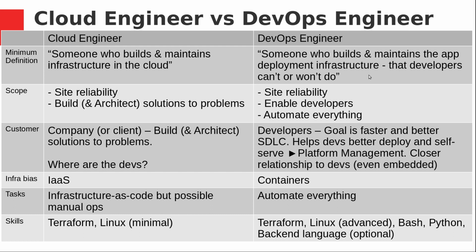So in a really small company, in a startup, it may be that they only have developers and no DevOps engineer yet, and they do everything. But over time, typically in most companies, the developers will focus on what they do best, which is software engineering.